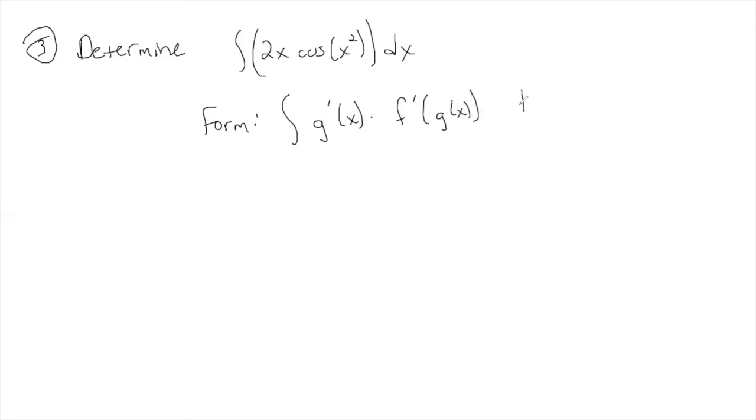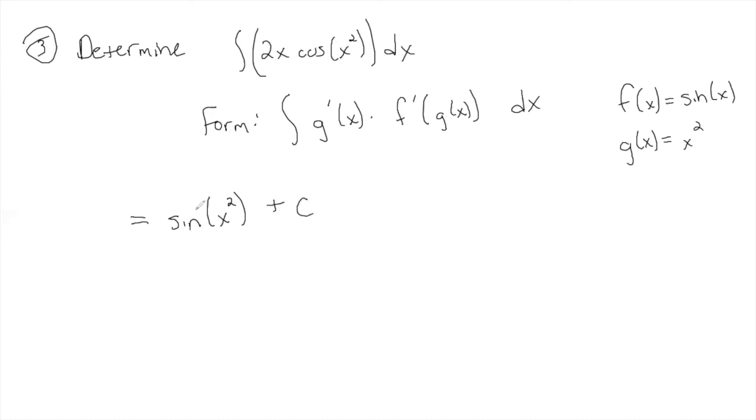This is already in that form where f of x is, well, the antiderivative of cosine, so that's just sine of x, and g of x is x squared, right? So the antiderivative of this is just f of g of x. So the answer to this is just sine of x squared. And of course, just don't forget the plus c.